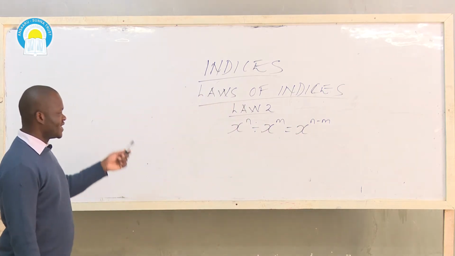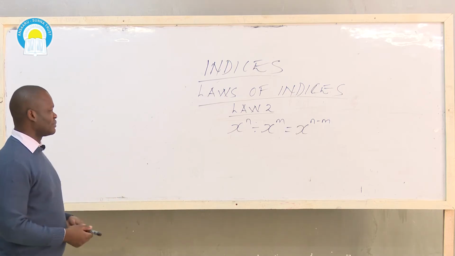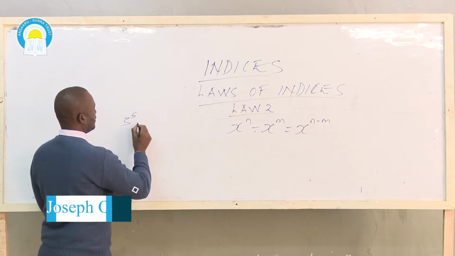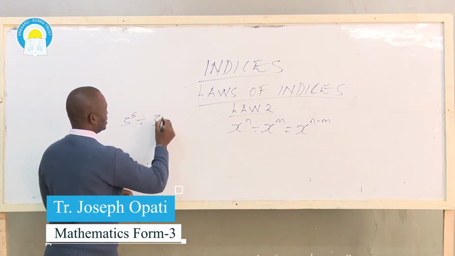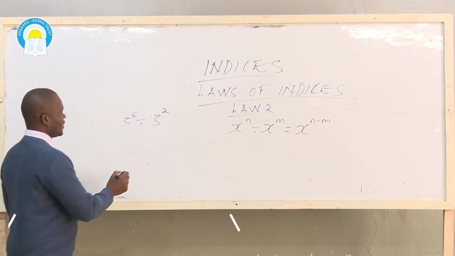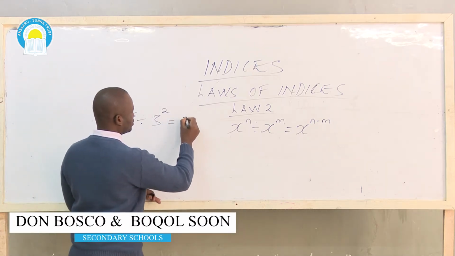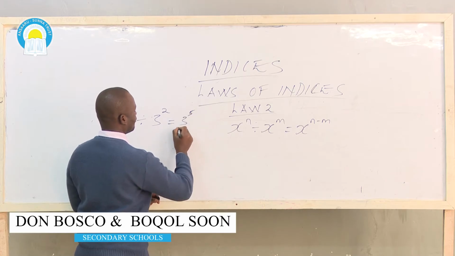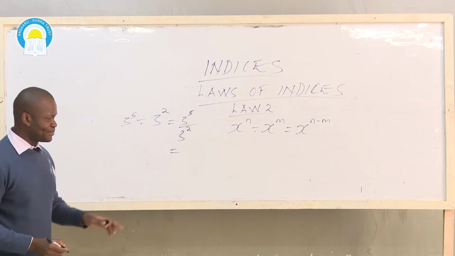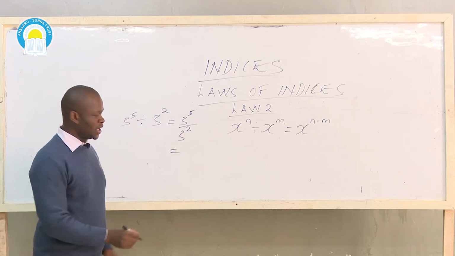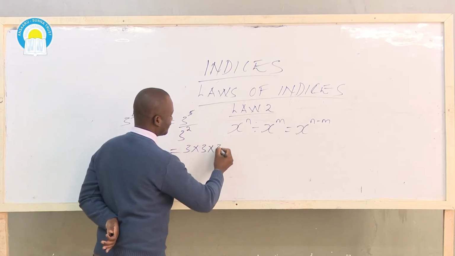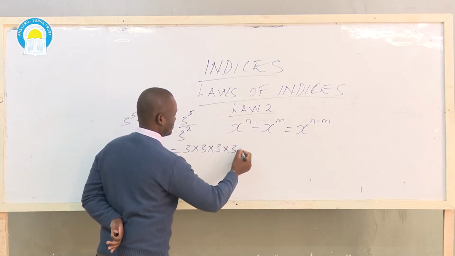So again I give illustration, then examples. Now we have 3 power 5 divided by 3 power 2. Now this can translate to 3 power 5 over 3 power 2. If you are very keen, 3 power 5 means what? 3 multiplied by itself, of course, 5 times.